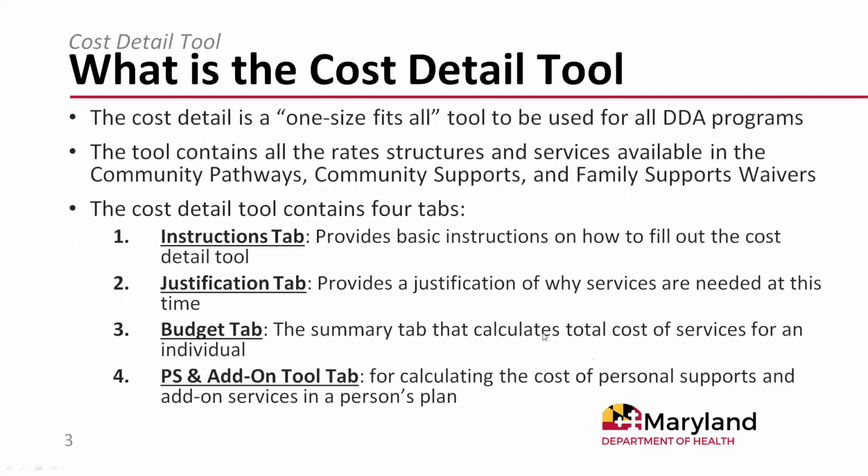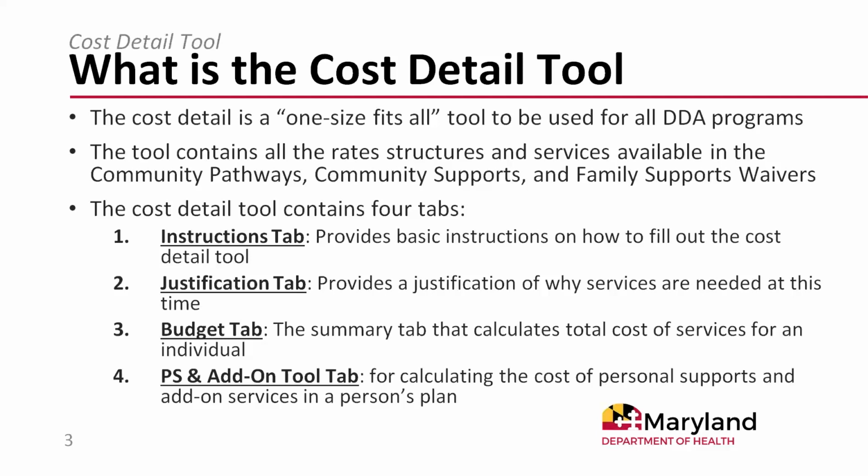Next slide. So what is the Cost Detail Tool? The Cost Detail is a one-size-fits-all tool to be used for all DDA programs. The tool contains all the rate structures and the services available in all three waivers: Community Pathways, Community Supports, and Family Supports waiver.